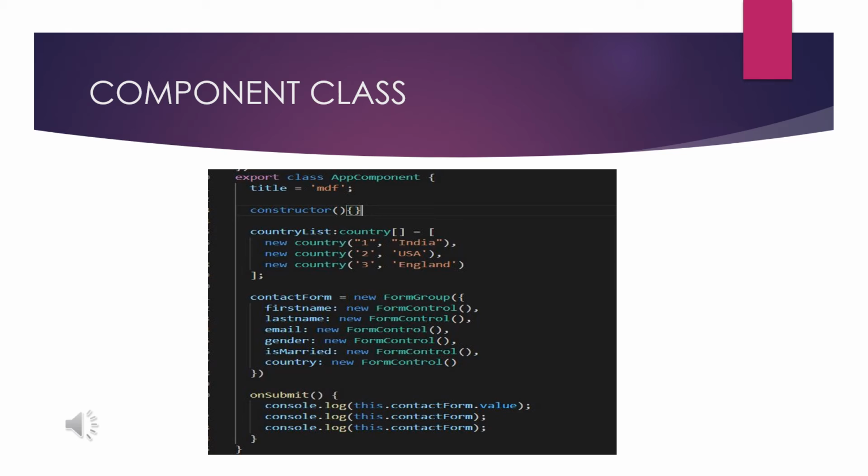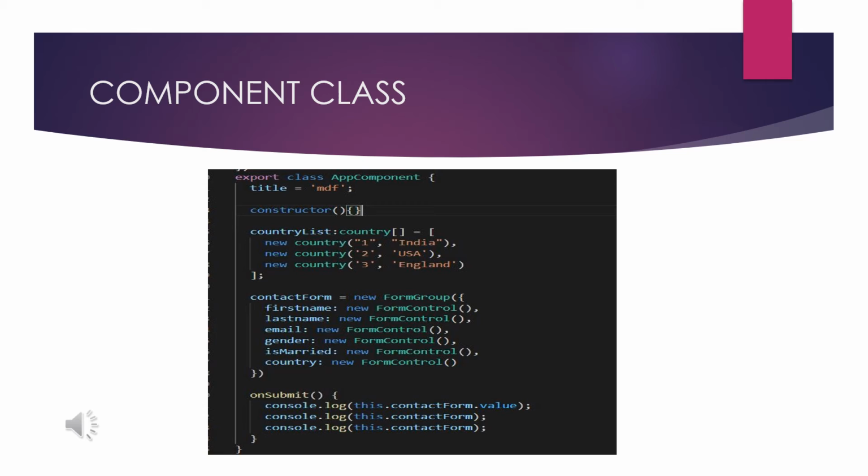Once I have the contactForm, I create a new FormGroup. Inside this form group I get the controls of the values given in the input. For first name I have a FormControl, which I already declared in the template.